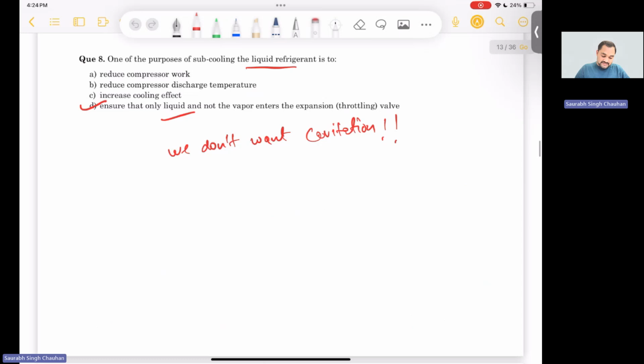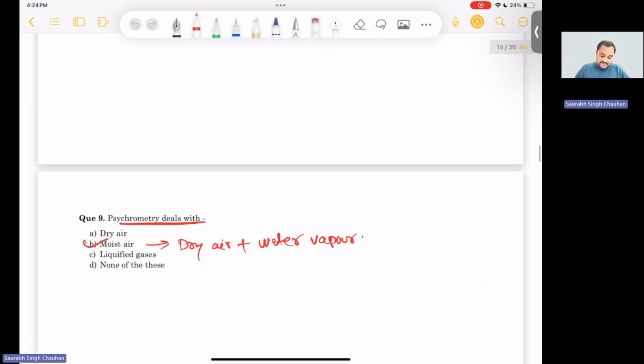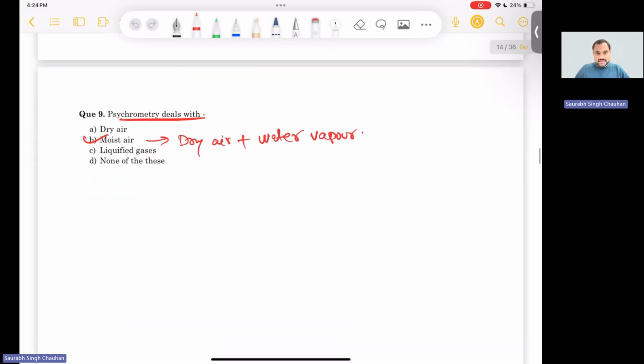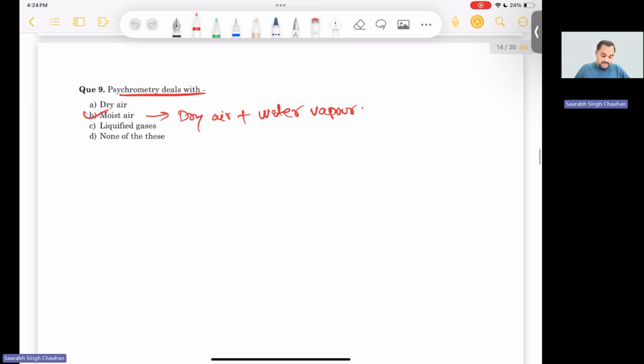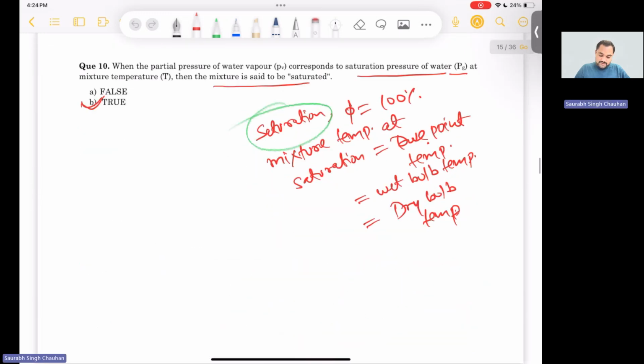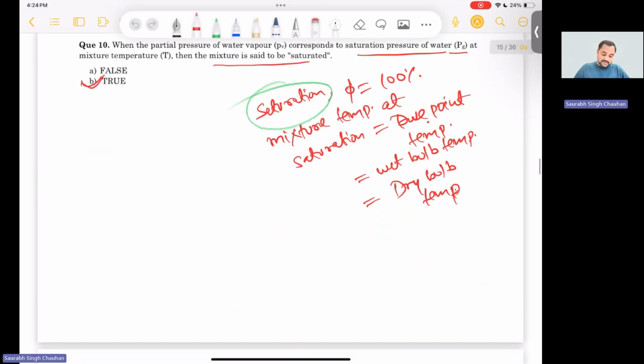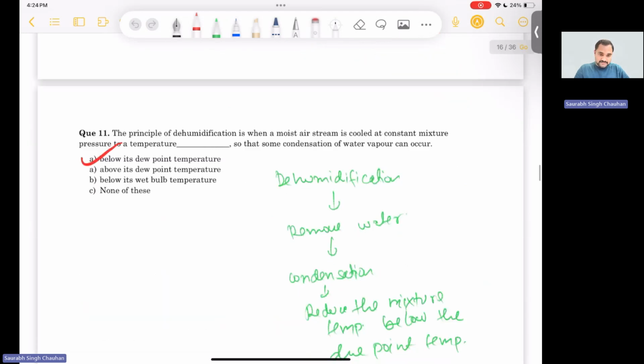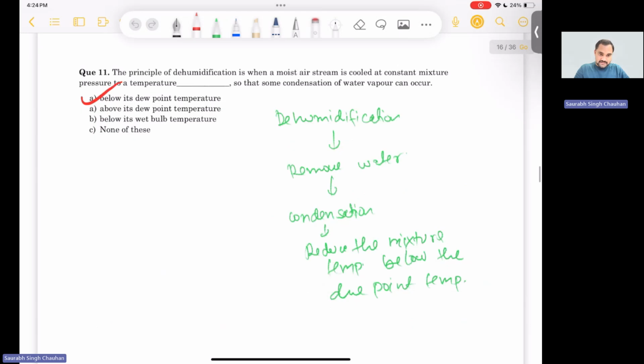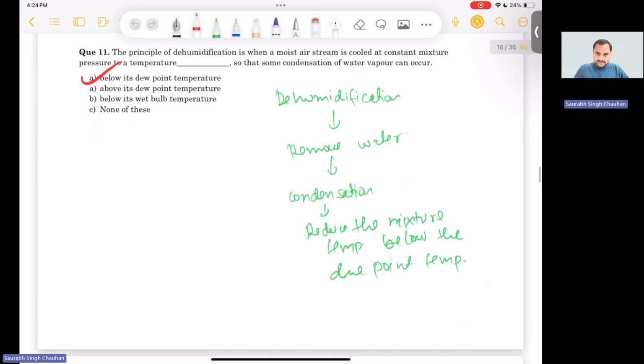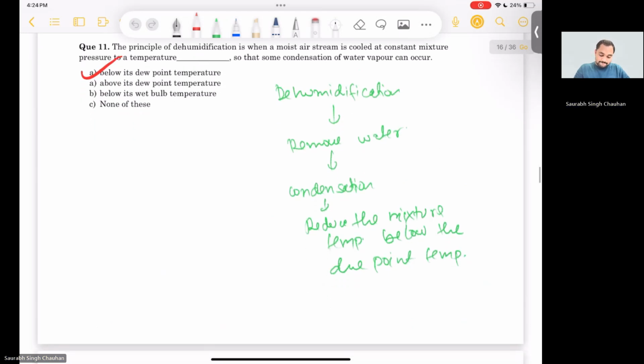We discussed that we subcool the liquid refrigerant so that there is no cavitation in the expansion device, the capillary tube. We discussed that at saturation, relative humidity is 100%, and dew point temperature, wet bulb temperature, and dry bulb temperature coincide. They are equal when saturation is achieved.